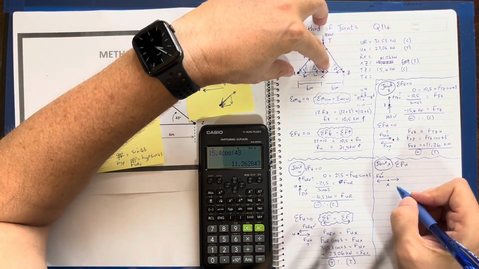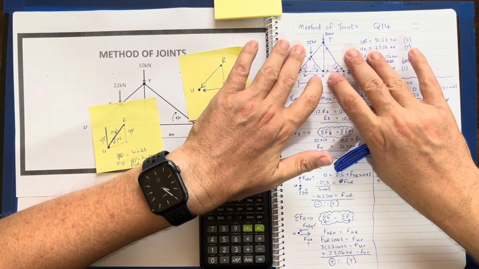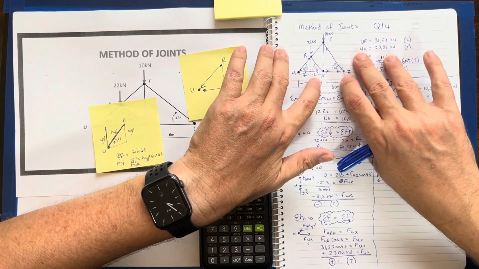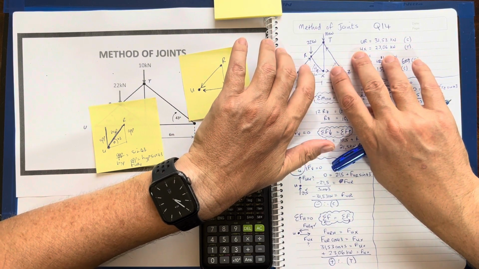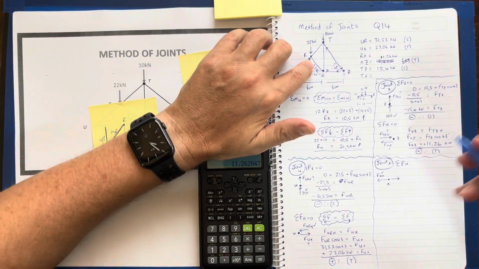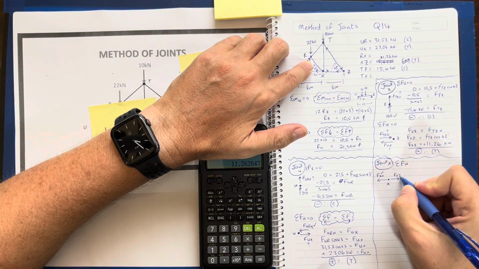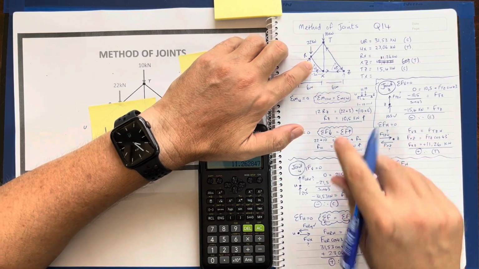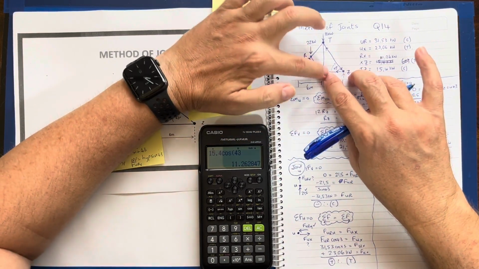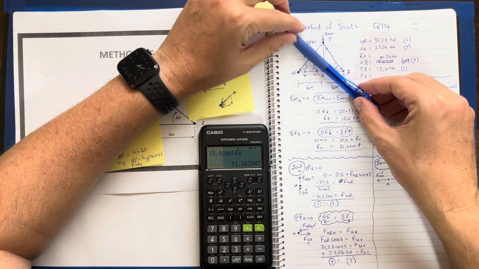Remember, at that joint, both of these members, UX and XZ, are in tension, so their internal forces are pushing or pulling away from the joint. I also have force XZ in horizontal. They're both horizontals. I don't know what Rx is horizontal. It's in this particular direction.